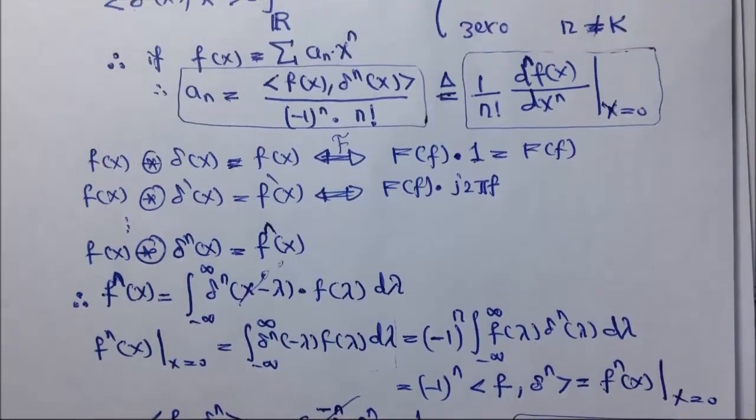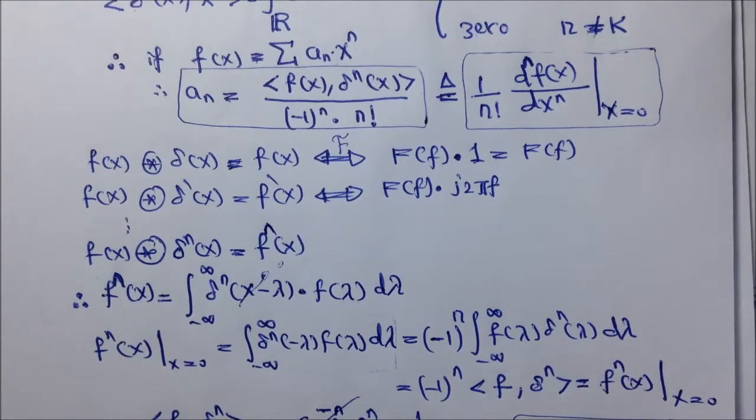And then by understanding the even-odd property of the impulse function while taking subsequent derivatives, you can simply deduce that the nth derivative of delta evaluated at minus lambda is equal to minus 1 to power n times the nth derivative of delta at lambda.